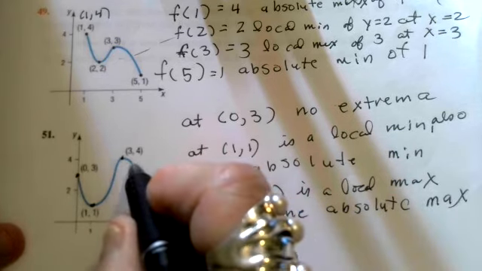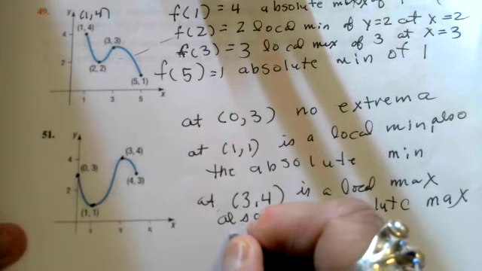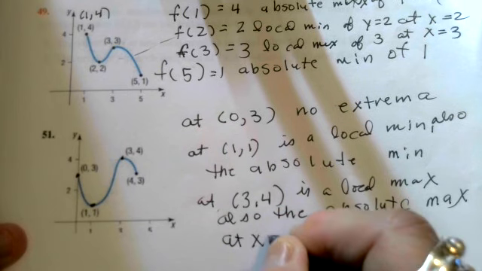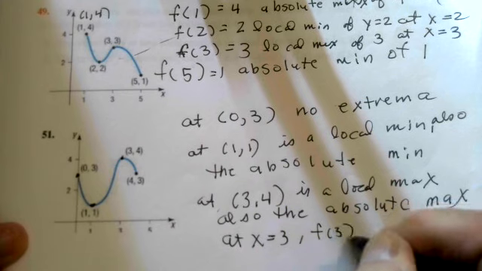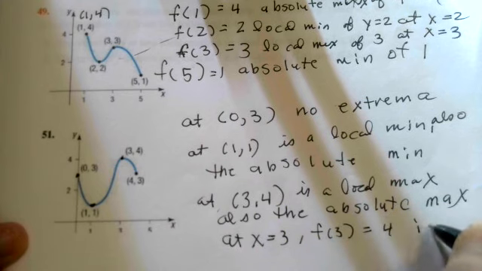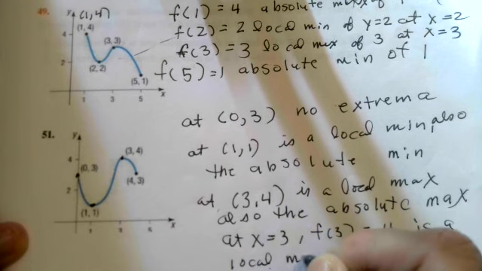Because you see that's the highest point on the graph. So we would say that at x equal 3, f of 3 equals 4 is a local max and absolute max.